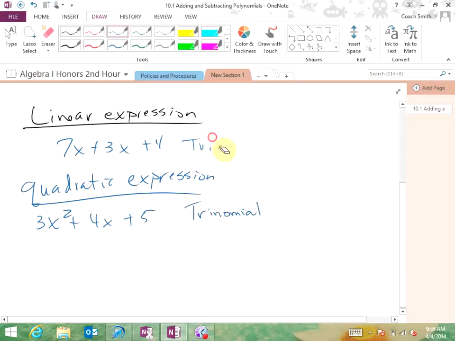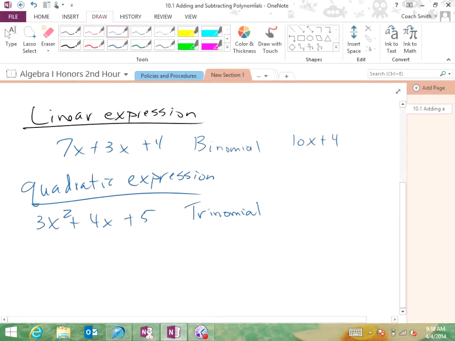Well, actually, when you simplify it, it'll be a binomial, because the actual answer to that one is 10x plus 4. So the quadratic expression is a trinomial, and honestly, I can't do anything yet. I just made that up, so it may not even factor. Eventually, you will be able to simplify that.